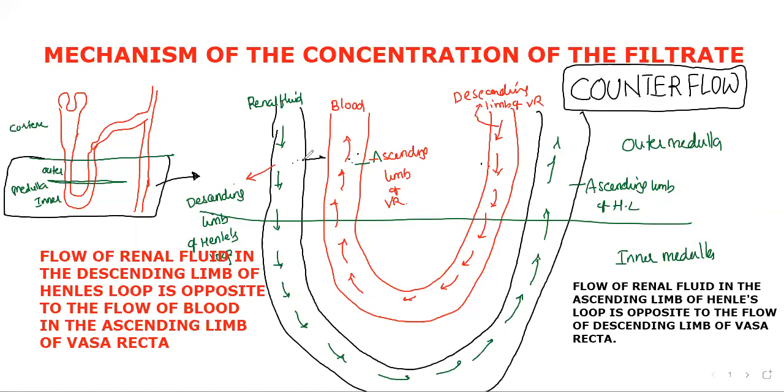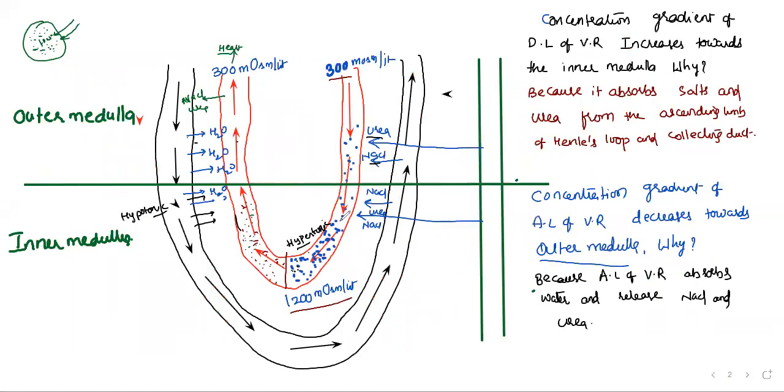Proximity means closeness between the Henle loop and vasa recta, and the counter flow, that means opposite flow, is helpful in maintaining and increasing osmolarity towards the inner medullary interstitium.